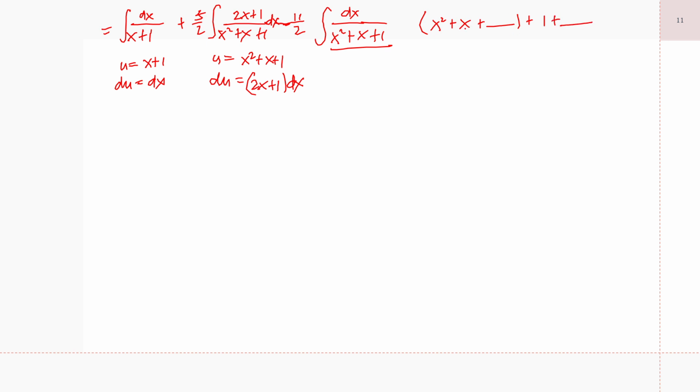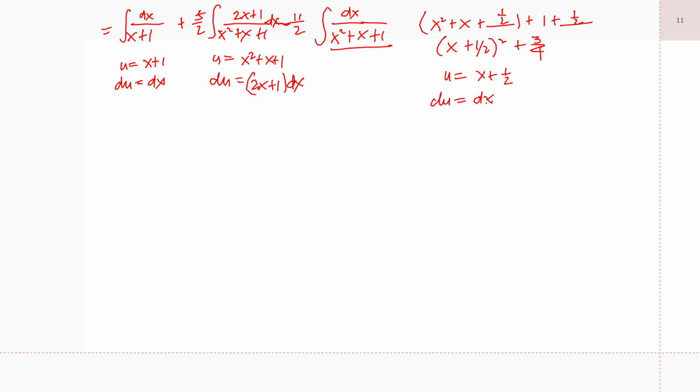So this is divide by 2, 1 half, b squared. This is 1 half, and this is 1 half. So x plus 1 half squared plus, this would become 1 minus 1 fourth, which is 3/4. So our u here is x plus 1 half.